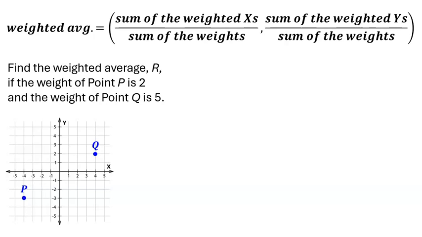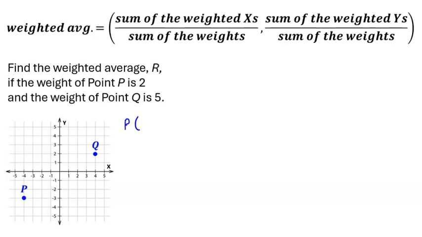So very similar to what we did with the midpoint formula and the section formula, where you're taking the exact same formulas, but you're just doing them separately with the x's and then with the y's. So same type of deal with this as well. All right, and with this one, we've got P and Q. And so I'm just going to list those here.